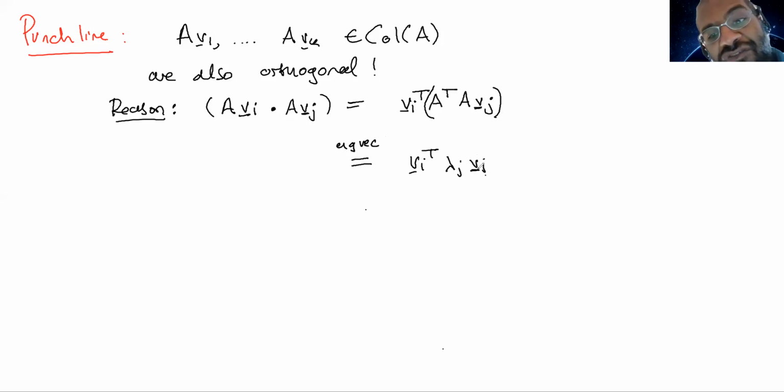By the way, this lambda j is not 0, because I chose these to be the non-zero eigenvectors. So this is Vi transpose Vj, which is 0 by the spectral theorem, because A transpose A was symmetric and Vi and Vj were already orthogonal. So this is for i not equal to j.